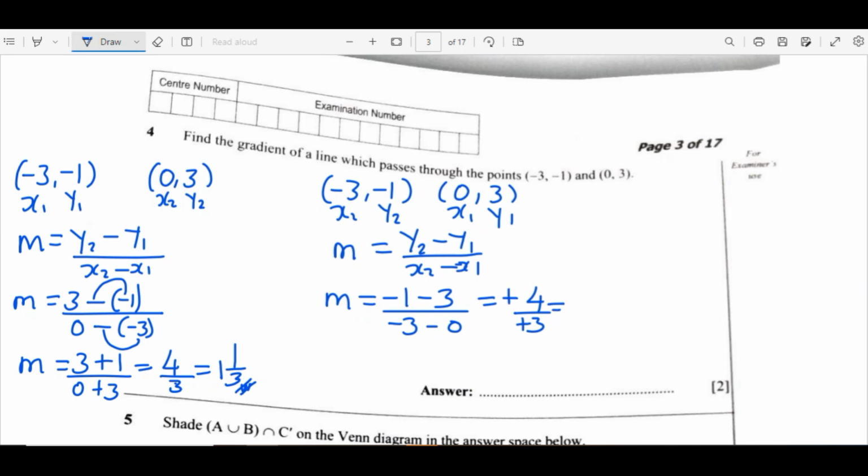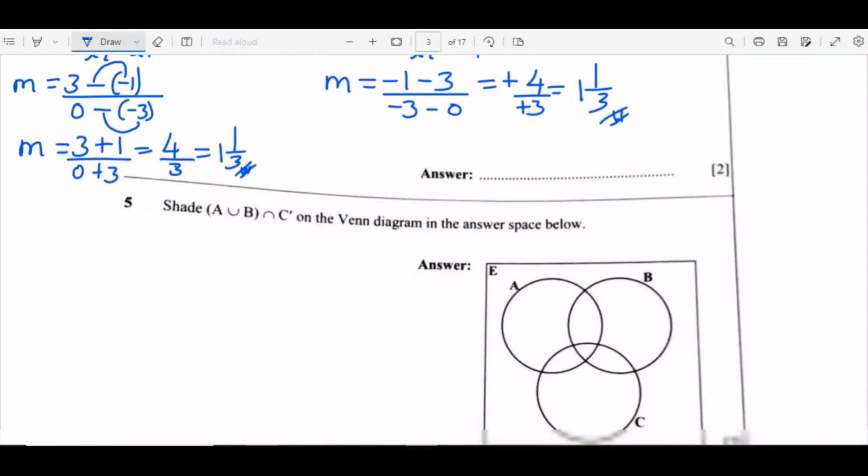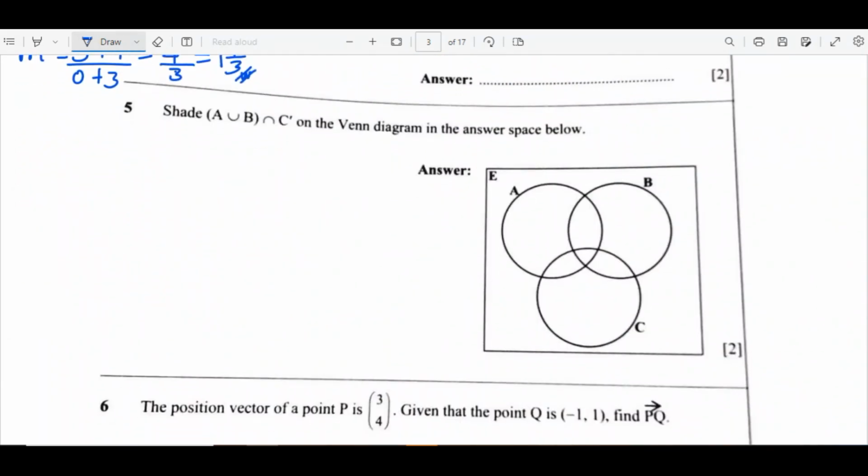Negative will cancel. 3 into 4 is 1, remaining 1 over 3. We can still get the same answer. So it doesn't matter which pair you choose to be ones, the answer will always be the same. Just wanted to give you clarity. You may need it. We move on to question 5.